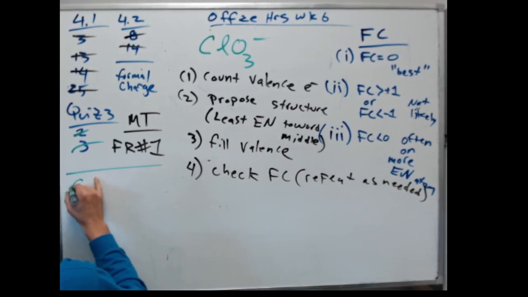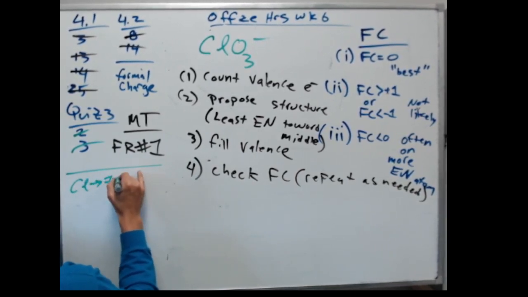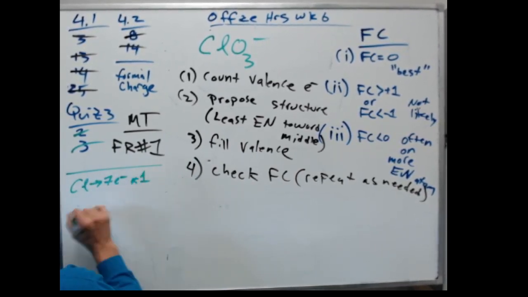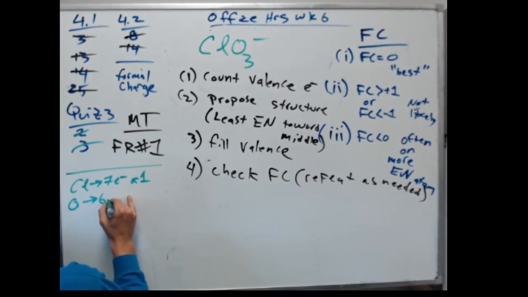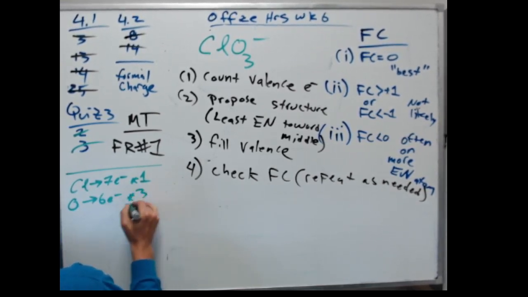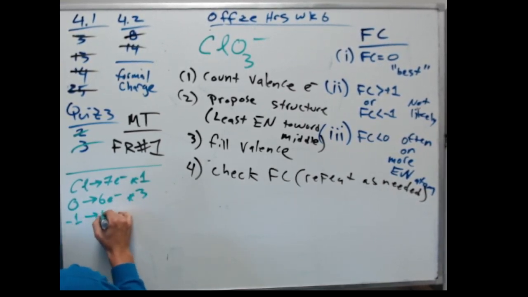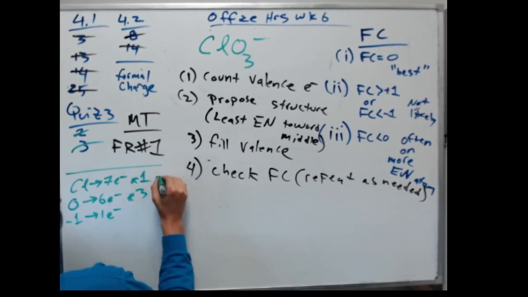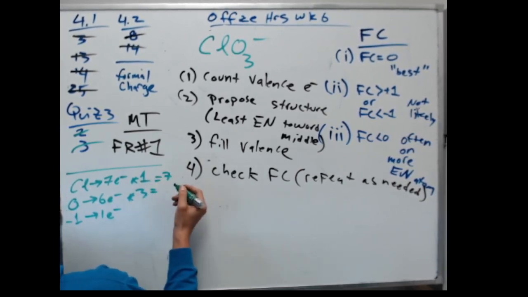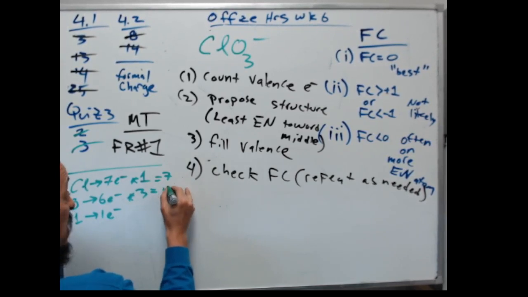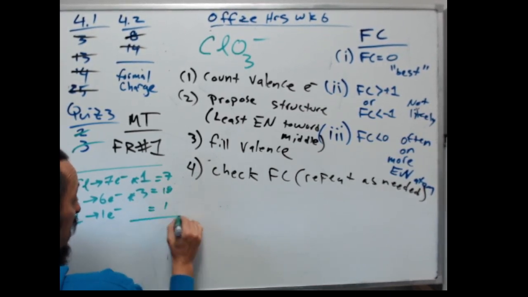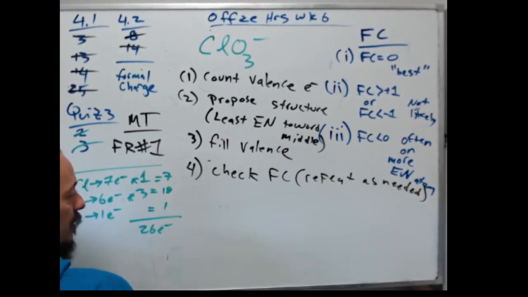So let's see here. Chlorine brings 7 electrons, and I've got 1 of them. Oxygen brings 6 electrons, and I've got 3 of them. A -1 charge brings 1 electron. So that's going to be 7, plus 6 times 3 is 18, plus 1, that's 26 electrons.